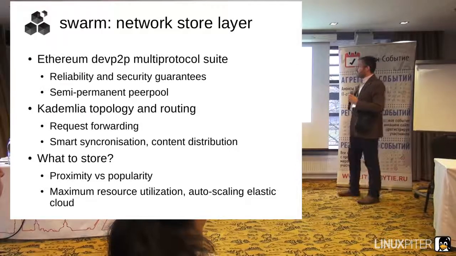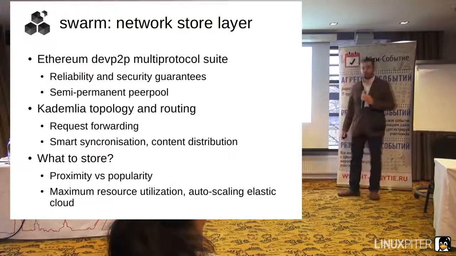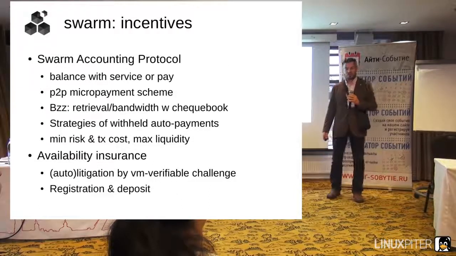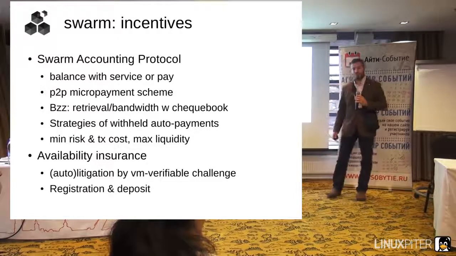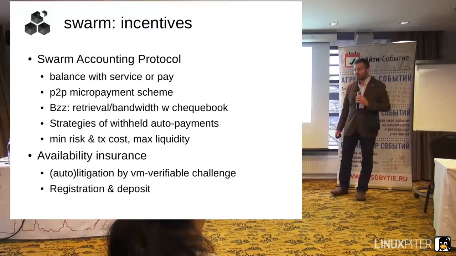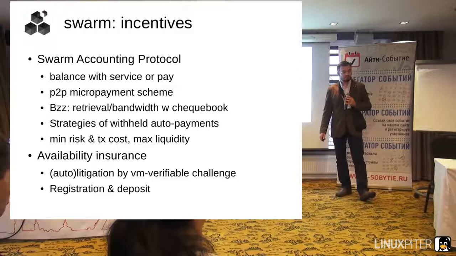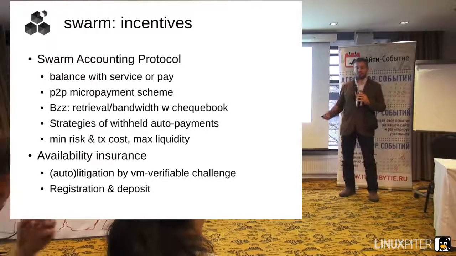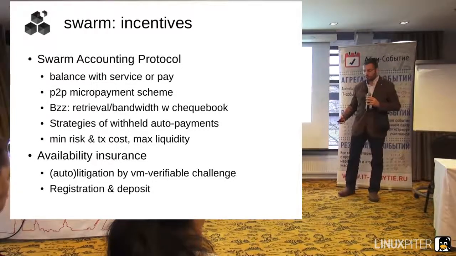So about incentives. There are 2 basic kinds of incentives. One is the bandwidth accounting protocol, which is again modeled after BitTorrent's tit-for-tat strategy, with the added quirk that, since we have an accounting system built into Ethereum, which is similar to Bitcoin, you can cash out your positive balance.